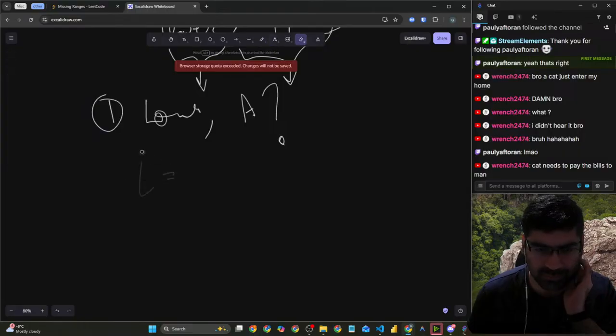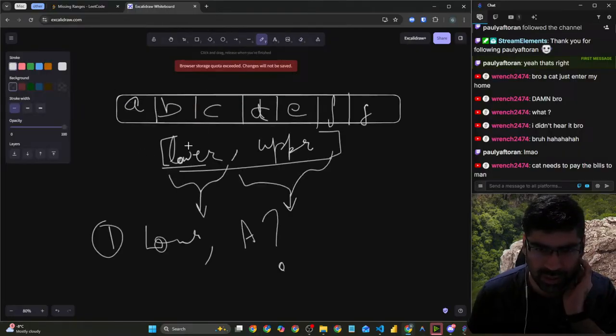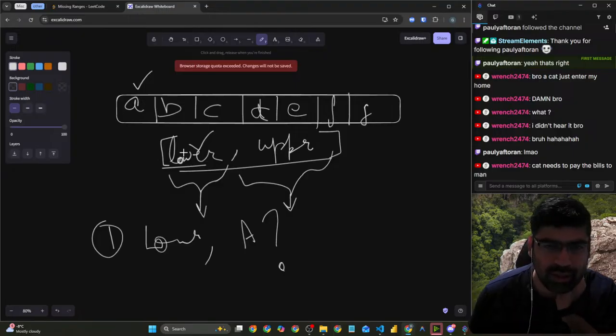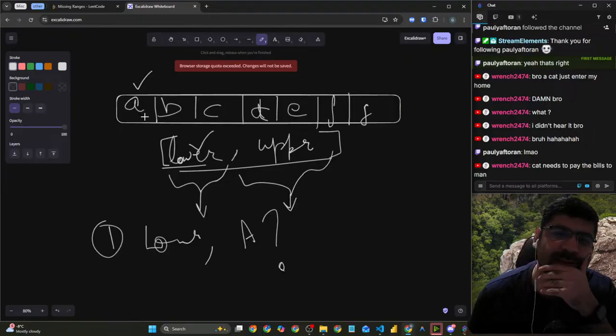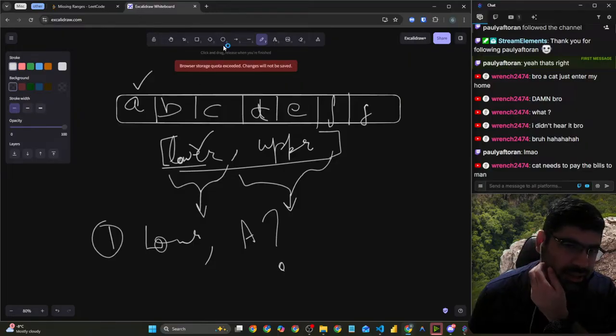It would be like look at lower, look at A. If lower plus 1 is A, lower is equal to A, or lower plus 1 is A... I need to find a better algorithm.